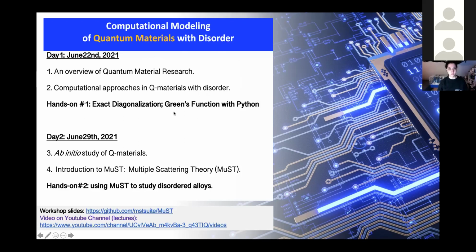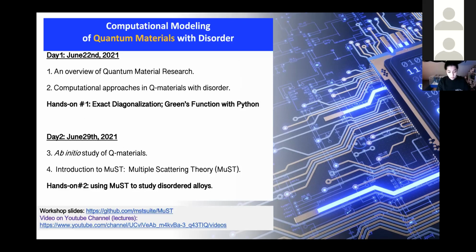After the 30-minute presentation, we will have hands-on experience number one, run by Kamin, on how to use an exact diagonalization tool and how to use the Green's function method to study some disordered models.